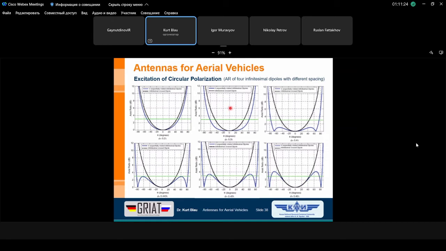It means if you want to realize an antenna which makes a very good circular polarization, depending on the opening angle, then this is one measure to ensure this very large opening angle of more than 160 degrees for circular polarization with an axial ratio of 3 dB or better. This we have to keep in mind.